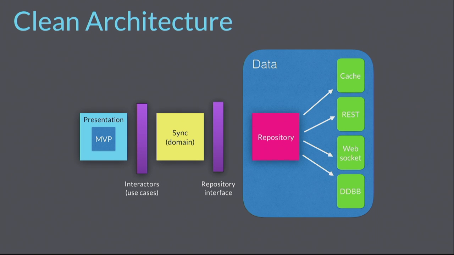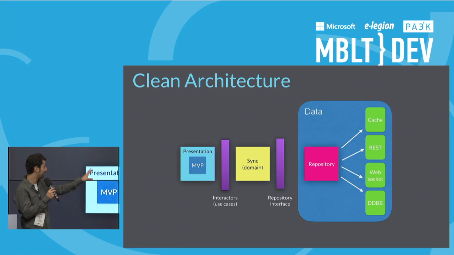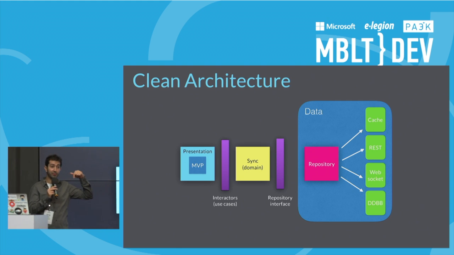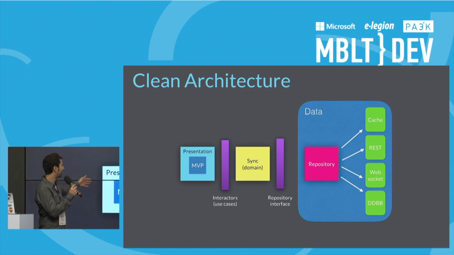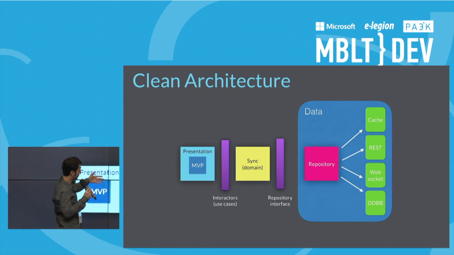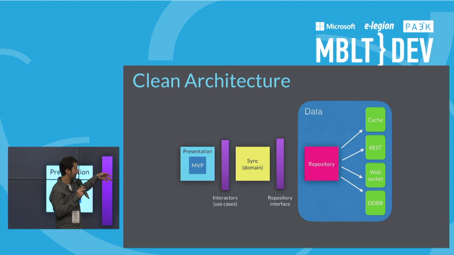So in the presentation layer we follow the model view presenter pattern. Then the core of the app is the same sync module, the domain. But now, instead of the sync exposing an interface and the SDK another interface, we have interactors. It's an interface that the sync layer exposes to the presentation layer, and the presentation layer invokes these interactors, these business use cases.